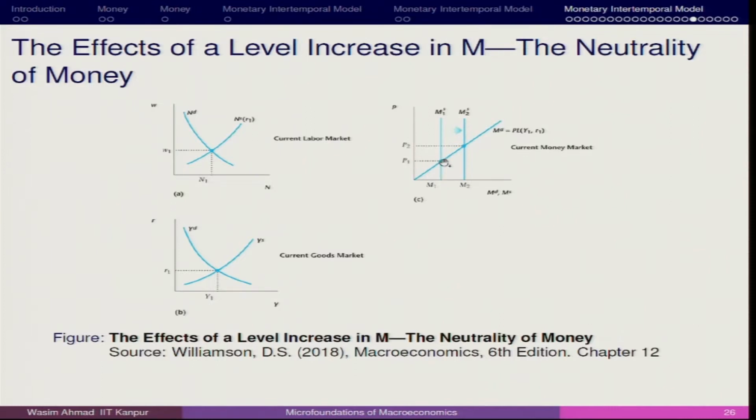Now, because of this rightward shift in the money supply, we have the price level rising, and this price level rising is not having any kind of impact on the labor market or the goods market. What is happening is that in the current period, whenever I see an increase in money supply, it has a direct relationship with the prices only, not with all other variables.